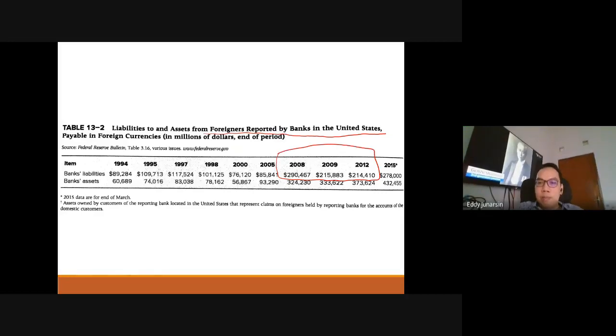The banking crisis in the US from 2008 to 2010, I think during that period, we are seeing a slowing down of the foreign assets and liabilities. But afterward, we are seeing again skyrocketing numbers, both for assets and liabilities.